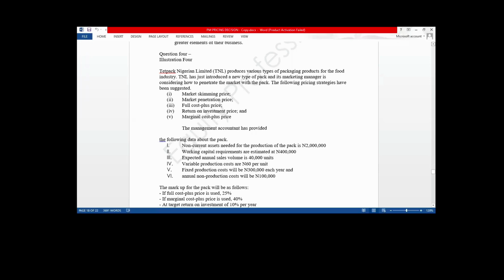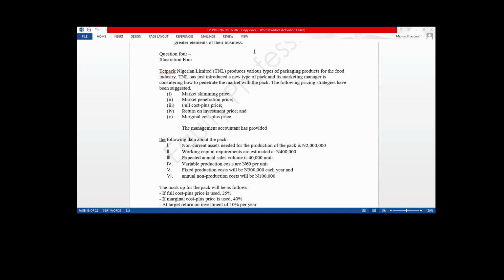Now, market penetration. Who is speaking? Oliver speaking. Market penetration is an alternative to market skimming.